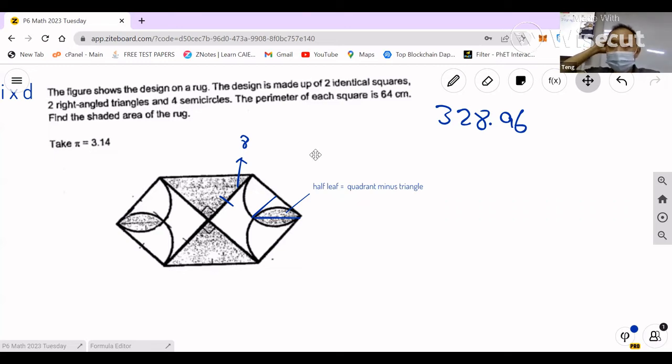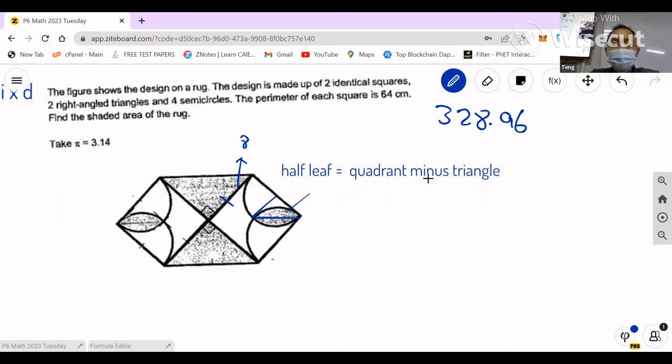Okay. Now find the shaded area of the arc. So the first thing to do is to find the half leaf. So how to find half leaf? As I mentioned here, let's make it bigger. Half leaf, take quadrant minus triangle. So what's the area of quadrant? So I'm going to do that right now. Quadrant is 1/4 times pi, which is 3.14, times the radius of this circle, which is 8, 8 times 8.